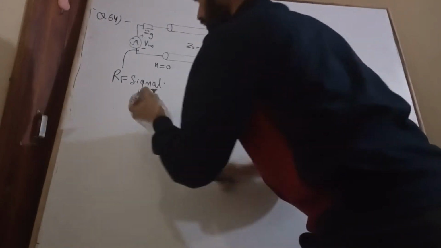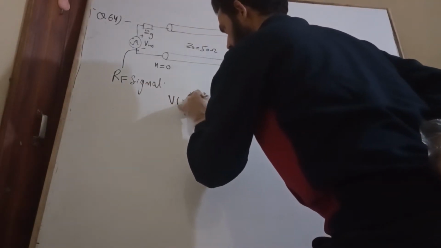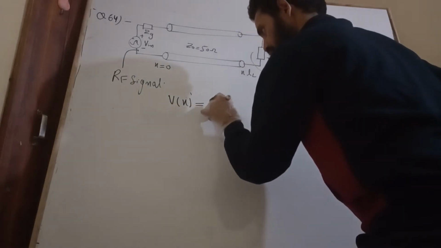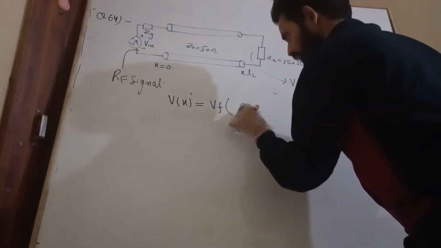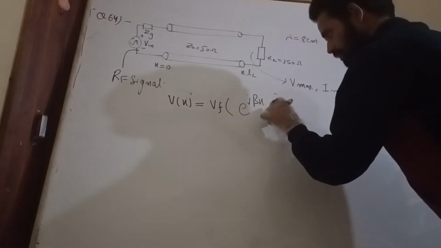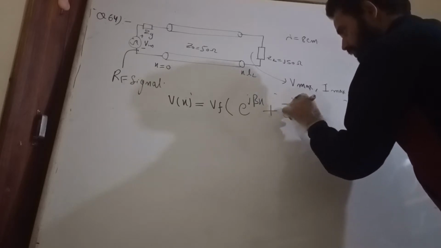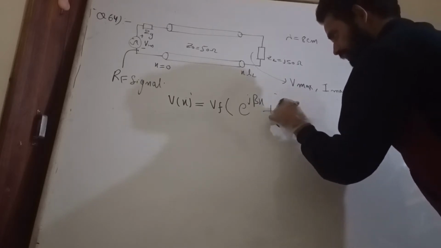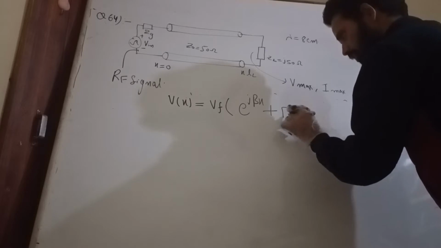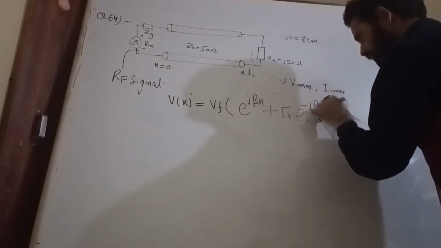Now where we are, V of x is equal to V_f, the forward voltage, times e to the power j beta x, plus the voltage reflection coefficient times e to the power minus j beta x.